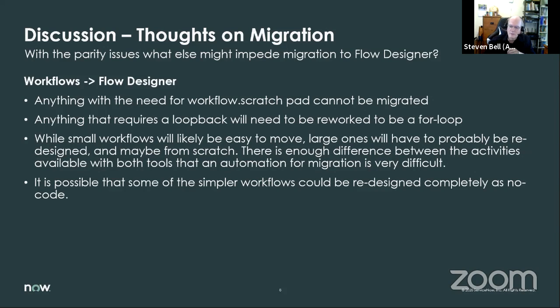And for loops require a fixed value. So I can't do workflow scratchpad for loops. You can actually make those dynamic. You could probably get away with something like that to a degree, but it would require some serious work, and you really need the dynamic objects for it.